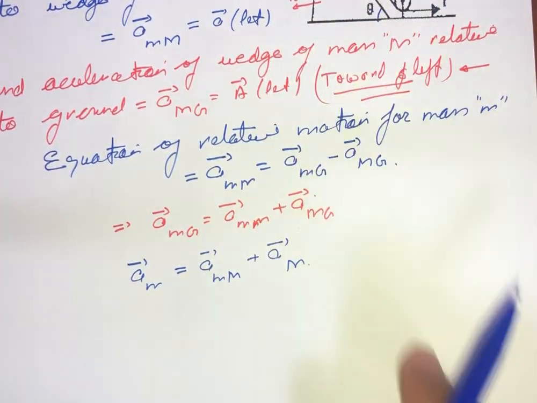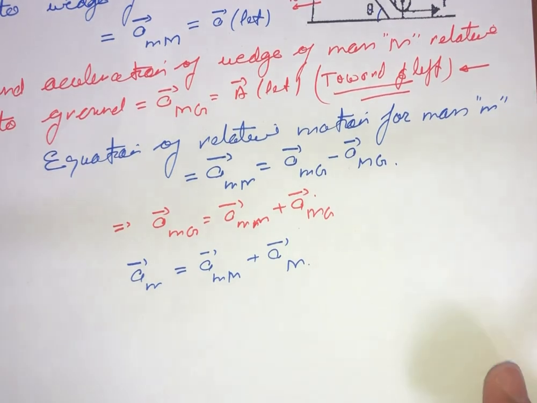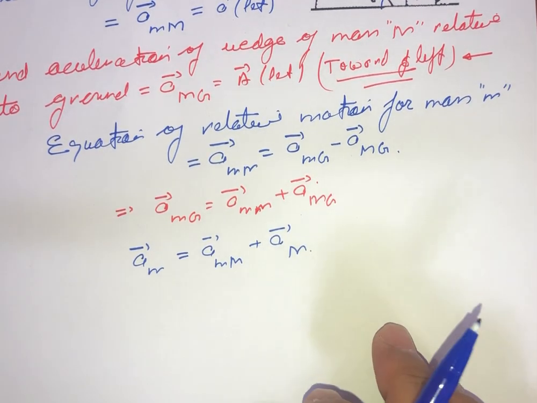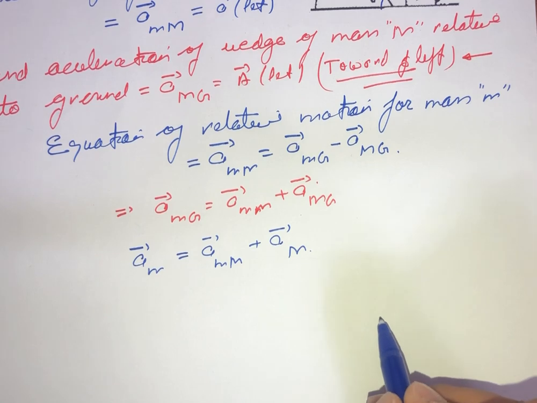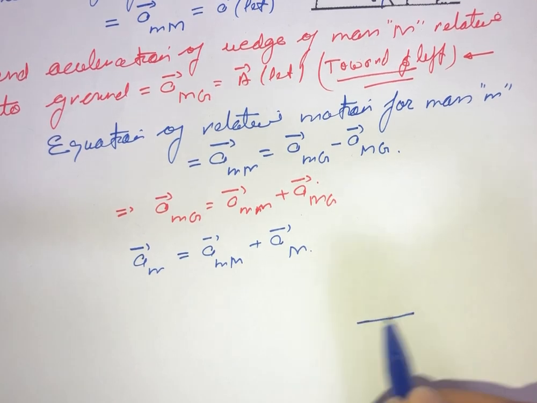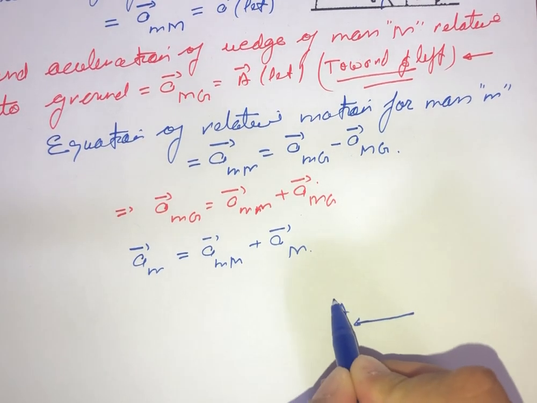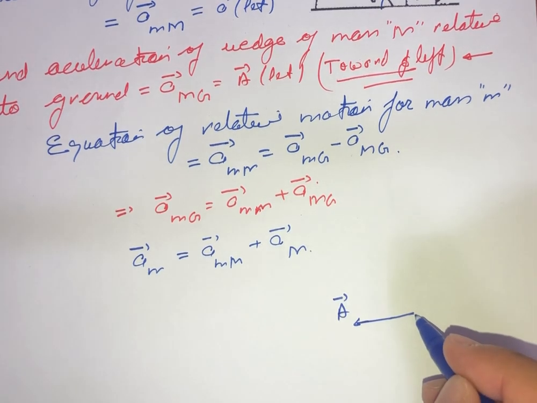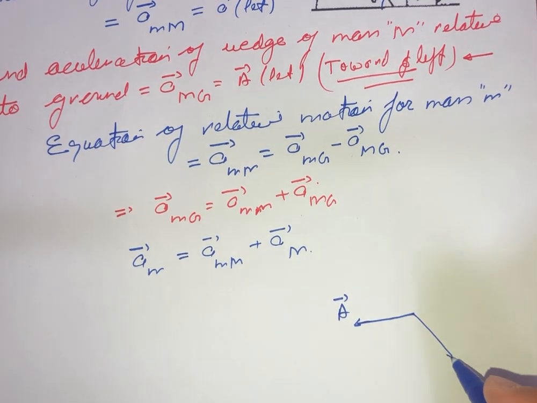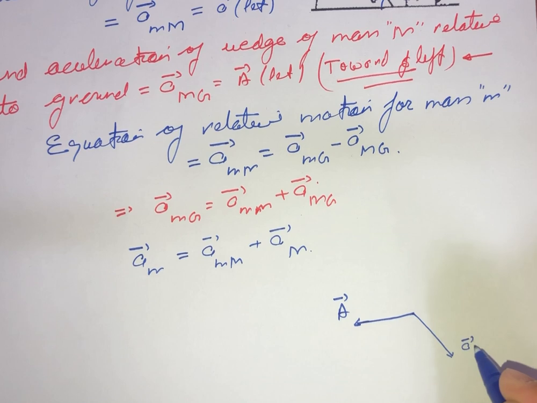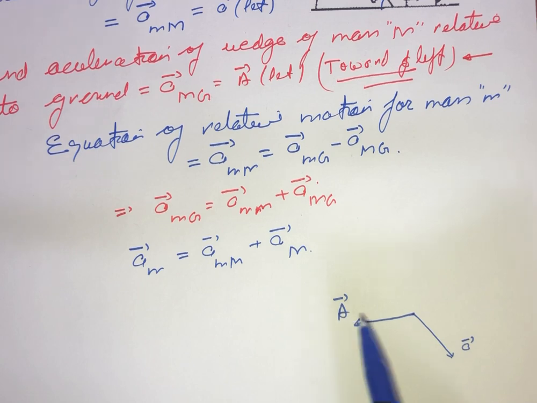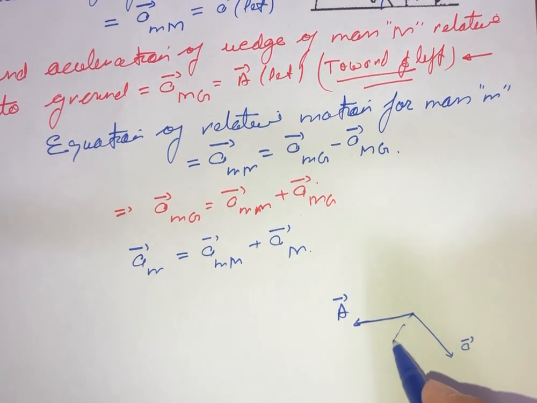So we can draw these two with respect to acceleration only, without showing the details about the masses. This is the acceleration A and this is the small acceleration a of mass small m and capital M. So this acceleration a can be divided into two components.